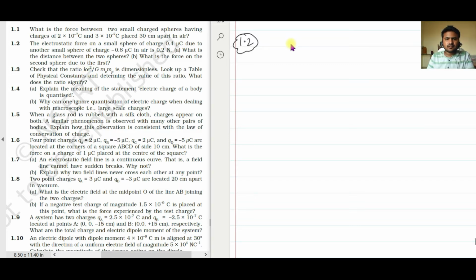Now let's start writing the given data. We have two spheres with charges q1 and q2. q1 is 0.4 microcoulomb and q2 is minus 0.8 microcoulomb.